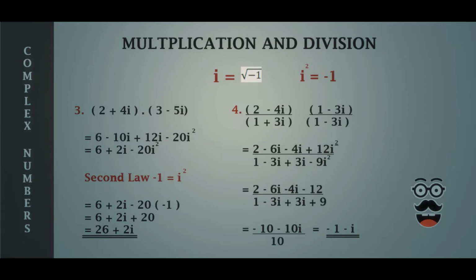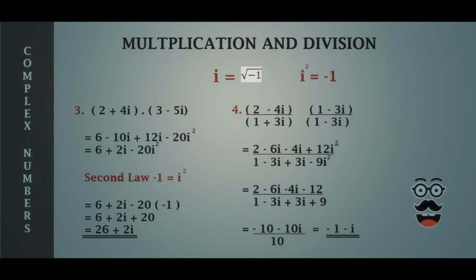Then multiply the bottom. 1 multiplied by 1 and minus 3i. Then 3i multiplied by 1 and minus 3i. Then we can write 1 minus 3i plus 3i minus 9i squared.